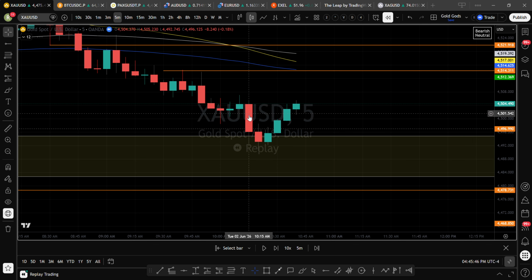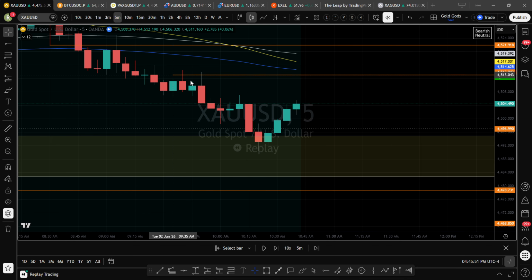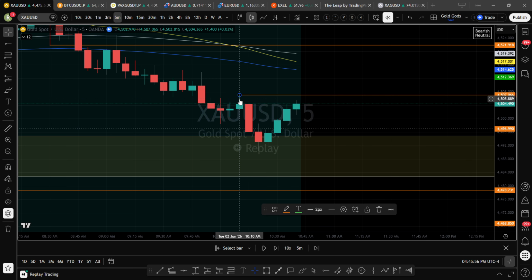On the 5-minute, it's not an engulfing candle, but what it is, you see this wick here? It could touch this wick and head back down. Let's see. But still, I would move my stop loss here.